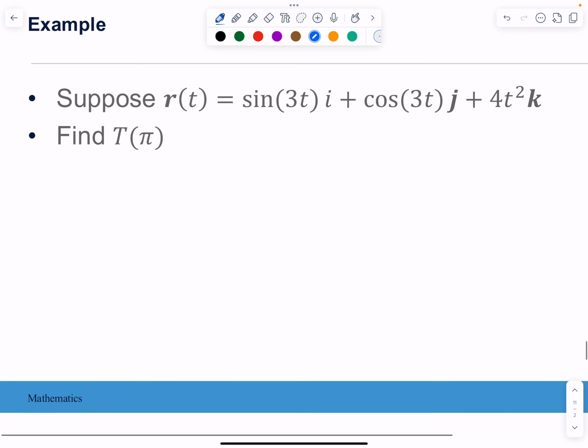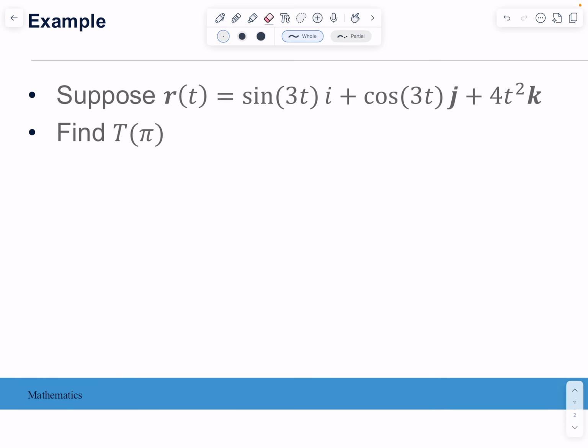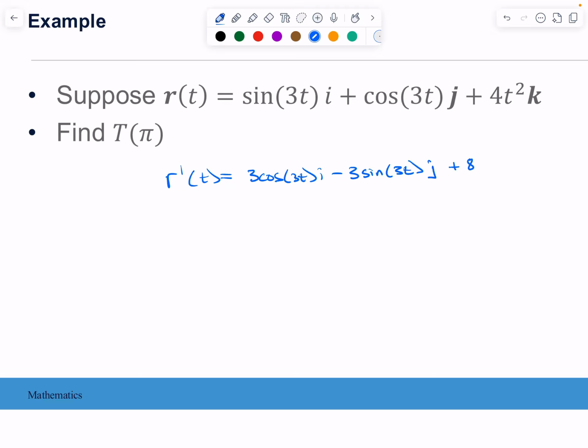So suppose we have this particular vector function, and we're supposed to find the unit tangent vector. Okay, well, let's compute the derivative. And that's going to be, let's see, 3 times the cosine of 3t times i, minus 3 times the sine of 3t times j, and 8t k.